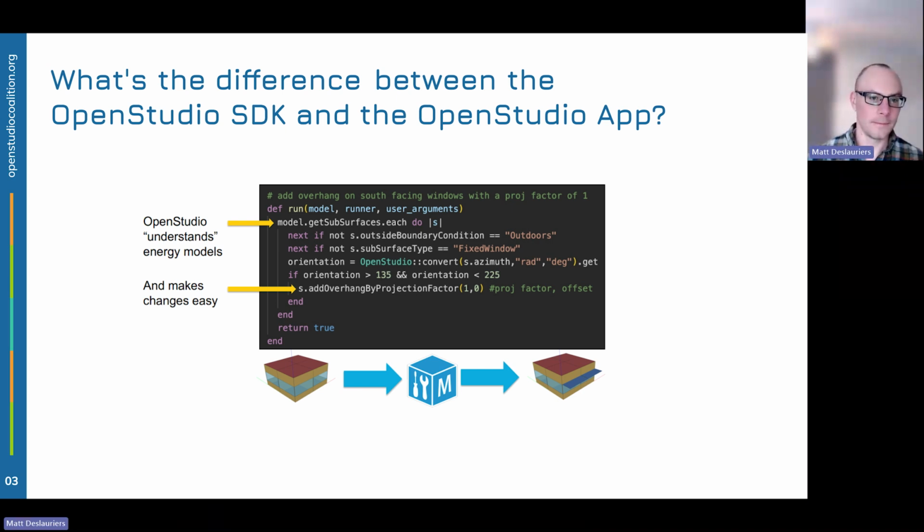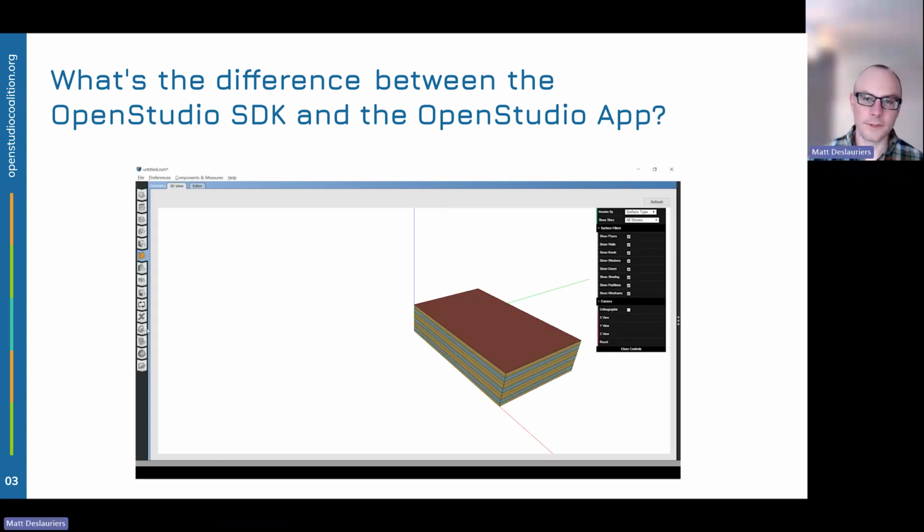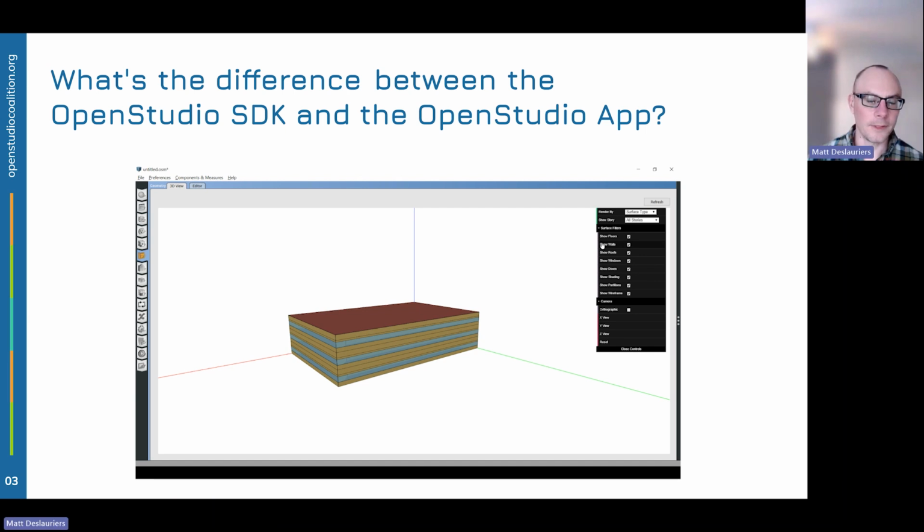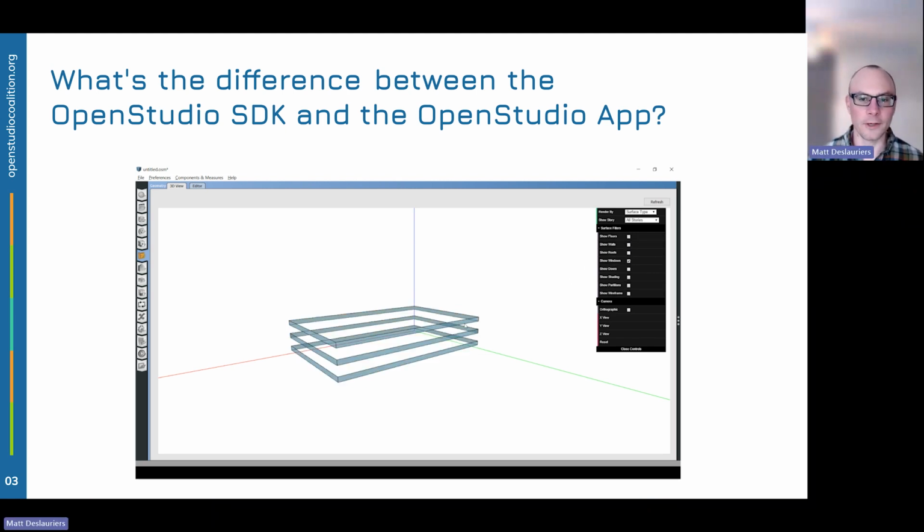However, there is a graphical application called the OpenStudio app. Here's a snapshot of it, which allows a much more user-friendly interface with an OpenStudio model for beginning users. It relies on the OpenStudio SDK as the backbone, but it allows a much easier interface.